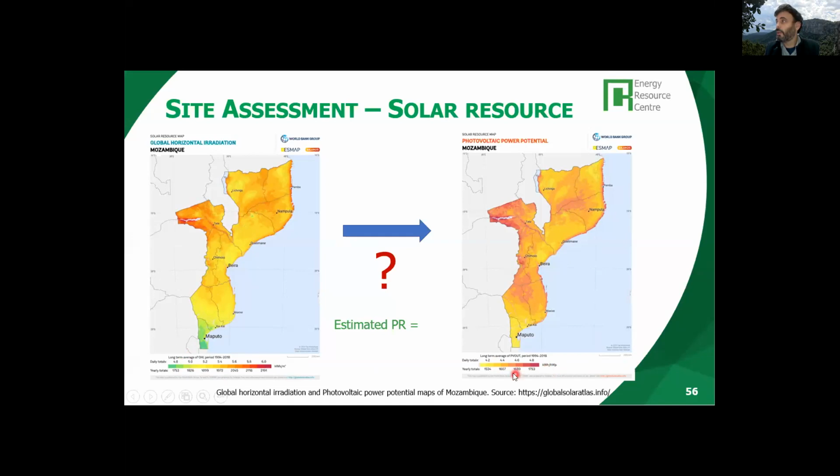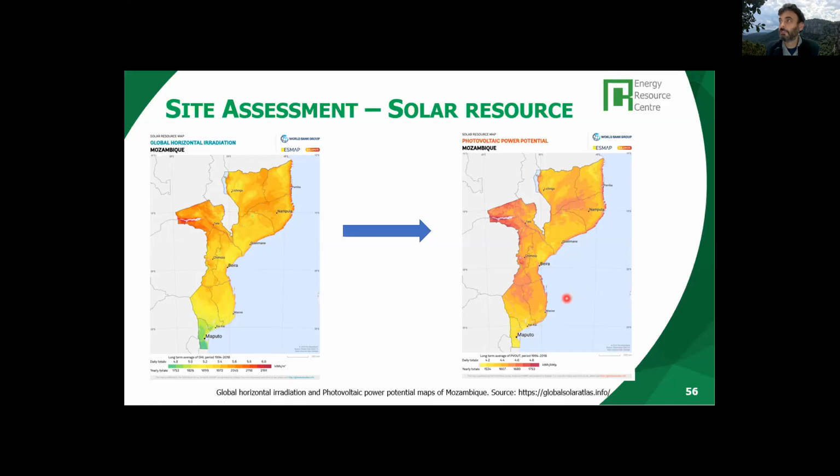So 4.3 over 4.9 gives us almost 88% of performance ratio, okay? So this map is a very optimistic projection of what we can expect in Mozambique, okay?